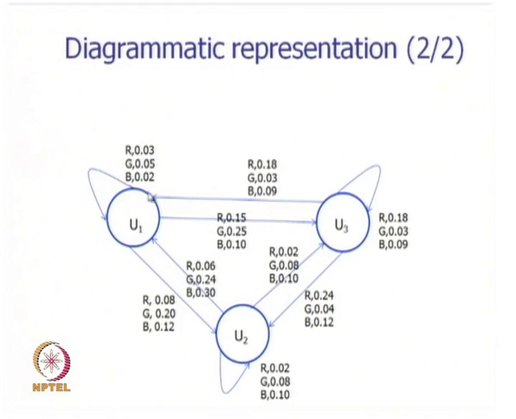In what way? In this way, that the red ball R is shown here with a comma and then this number 0.03. What is this? This is the probability that U1 will go back to U1 and will produce a red ball.